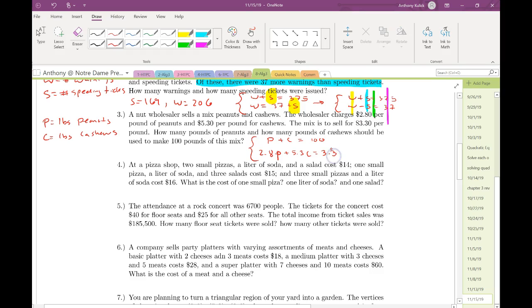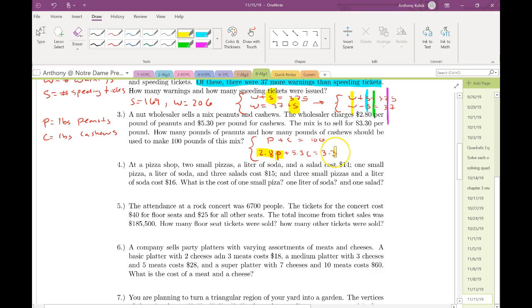So let's think about the units here for just 1 second. Zach, I'll be right with you, okay? So this is $2.80 per pound times pounds. The unit resulting would be just dollars, right? So I would have dollars plus dollars equals dollars per pound, which is not quite right.